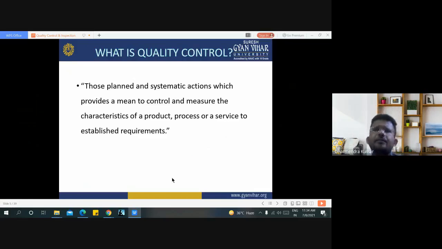Then we take actions, like during the inspection process, if we find any deviation, then we implement quality control, because the quality of the product coming out of the industry is deviated from our prerequisite characteristics. Thus quality control is needed for betterment of the characteristics of our product, and for overall customer satisfaction.